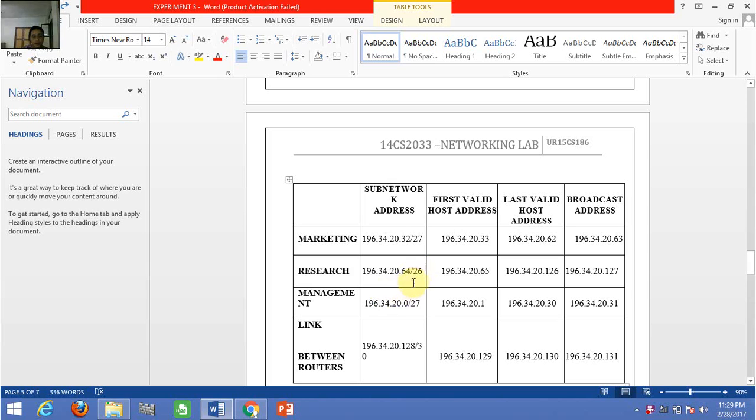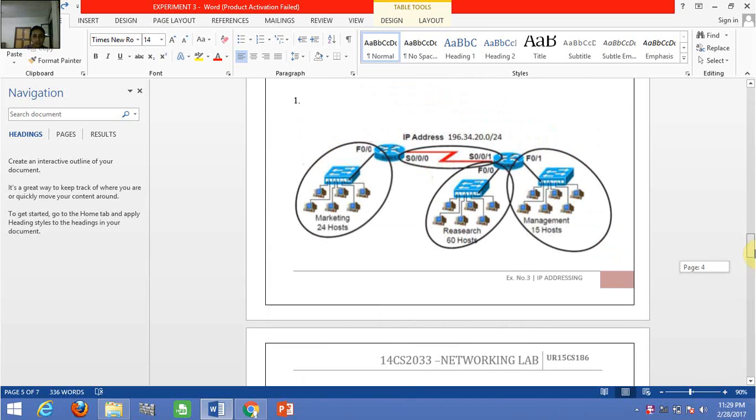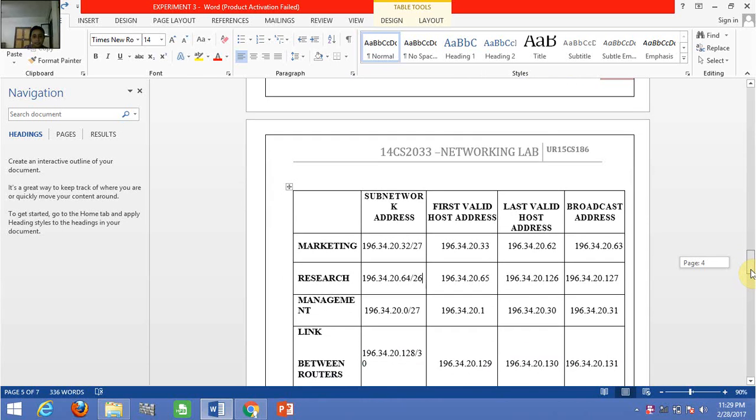So when the remaining bits is 6, the number of host addresses will be 2^6, that is 64, and the number of usable host addresses will be 2^6 minus 2, that is 62. Now if we give this to the research department, the number of addresses that will be wasted would be very less, and this will be efficient.